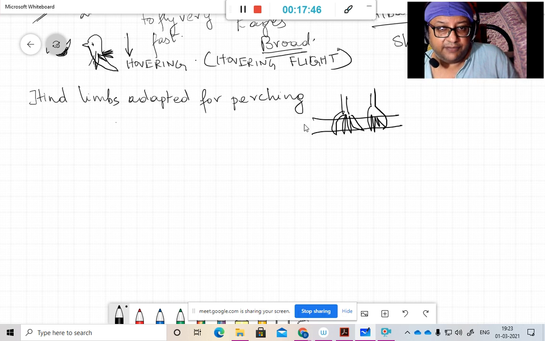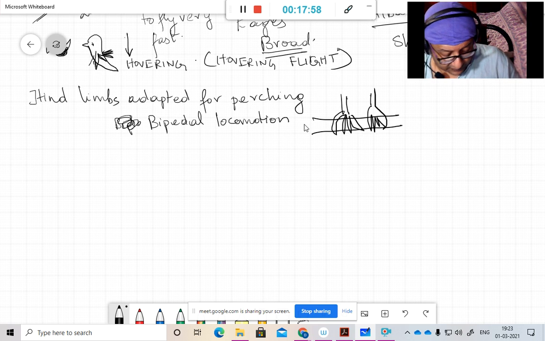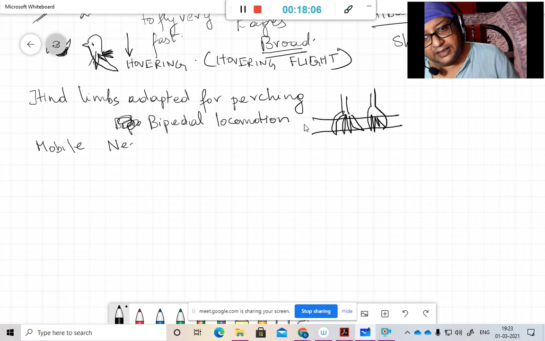Then of course they have got bipedal locomotion. They have got mobile neck and head.